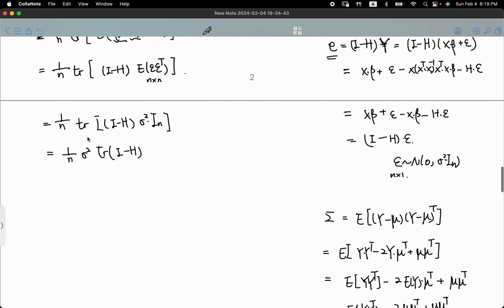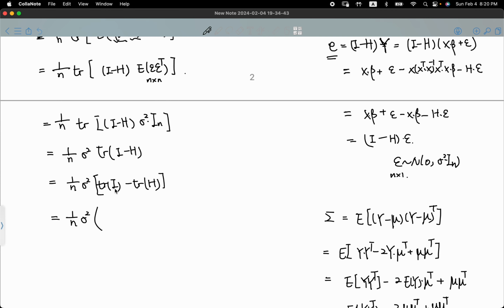This is a scalar, and then we can move it outside the trace. So the question is, what is the trace for that? Here I'm trying not to skip some of the steps.